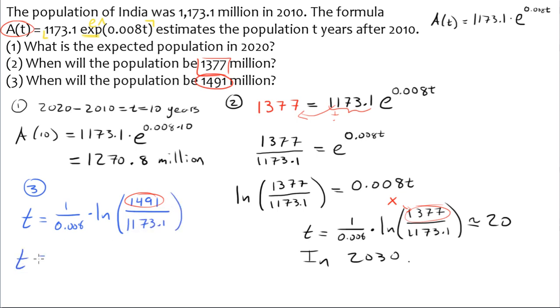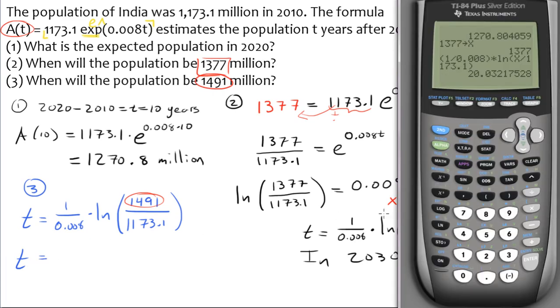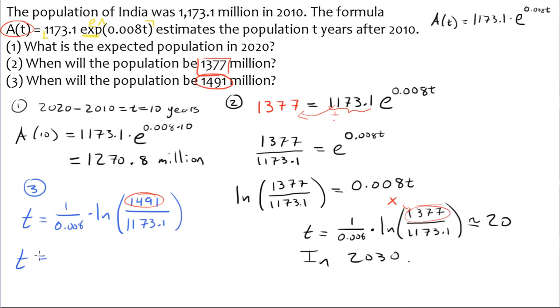I just need to take 1491, store that as x, go back into my history here, pull up that computation, hit enter, and I've got 30.0. So that means it will be in 10 plus 30 is 40, 2040. The population will be that size.